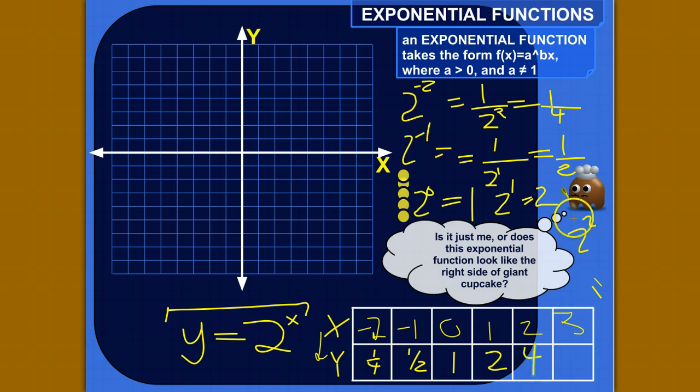And then finally we have 3 for x, so our equation would be y equals 2 to the third. That means 2 times 2 times 2. So 2 times 2 is 4, times 2 is 8. These points should give us the basic idea here. So let's plot these.